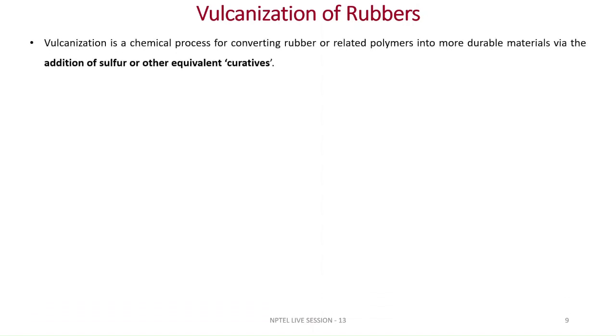Vulcanization is a chemical process for converting rubber or related polymers into more durable material via addition of sulfur or sulfur-containing compounds, which are known as curatives. So the vulcanization process is also known as the curing process.